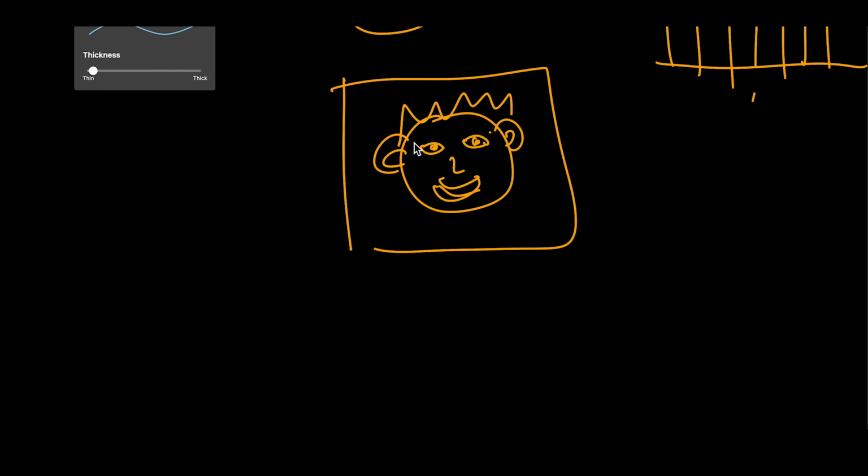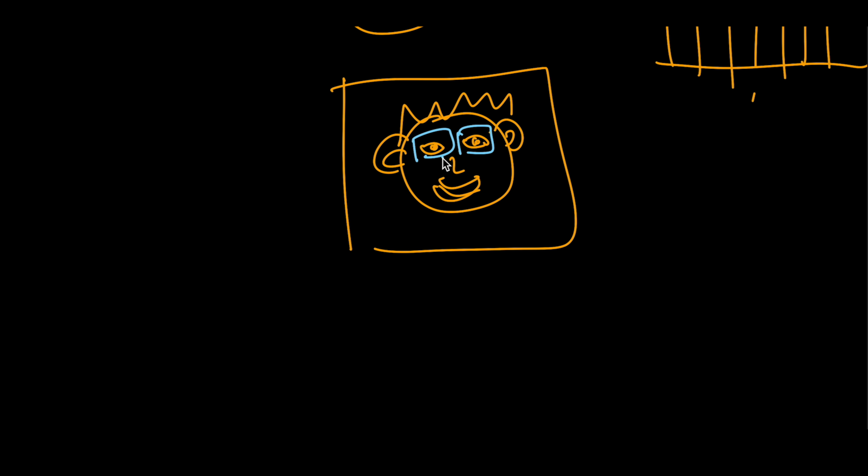For this image there are so many features that we observe with our naked eyes: eyes, nose, mouth, hair, ears. This is the way we observe or identify an individual, right?